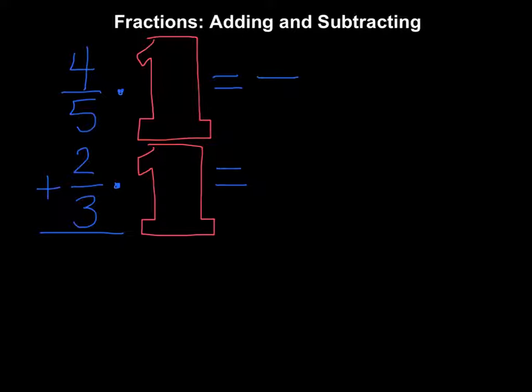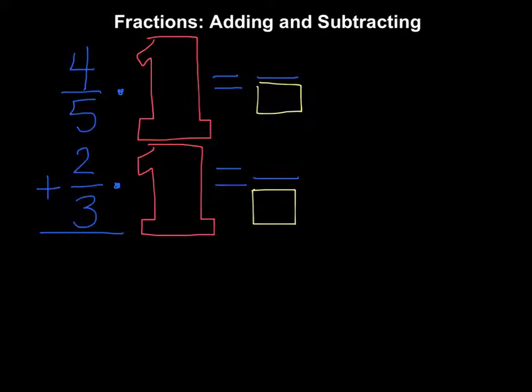But forms of 1 will change it so that way it no longer looks the same. So my end goal here now is I want to get two new fractions where the denominator here and the denominator here are the same amount. Well, that means that I'm going to do 3 times something and get an answer, and 5 times something and get an answer, and that answer has to be the same.